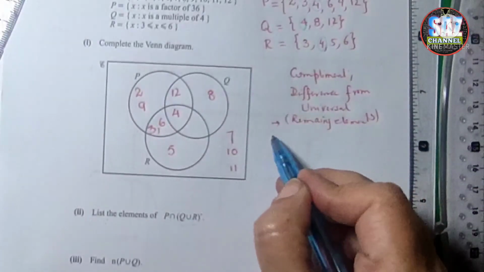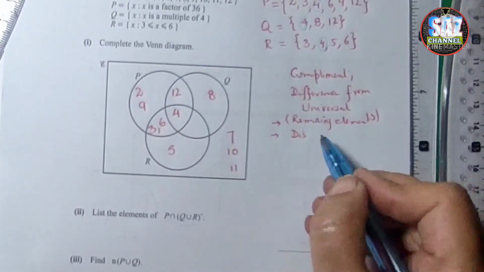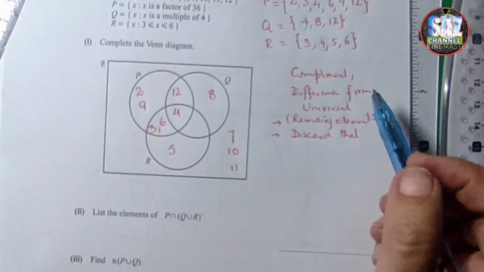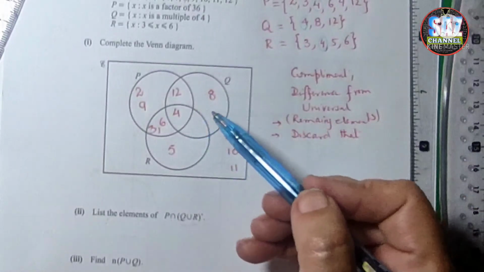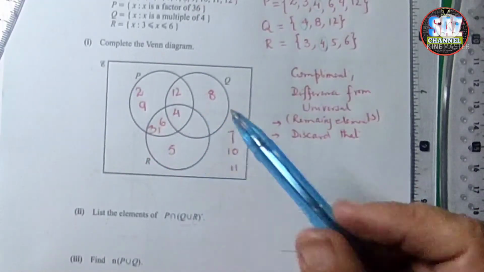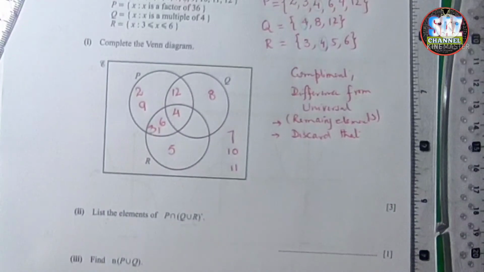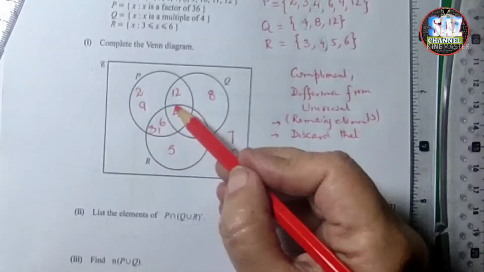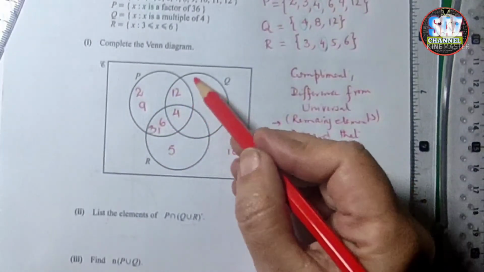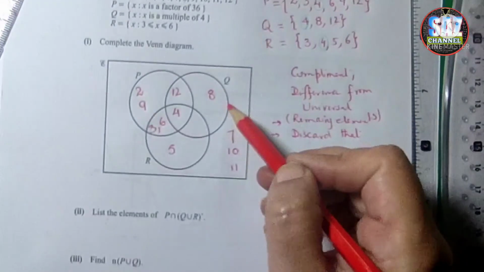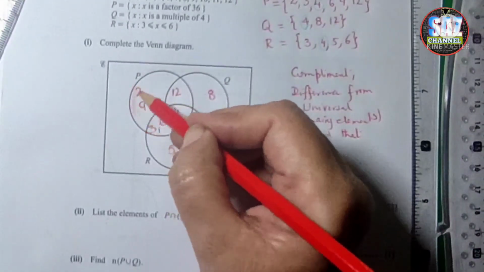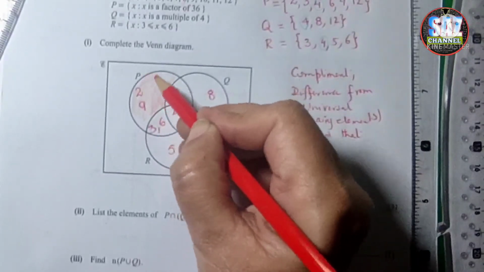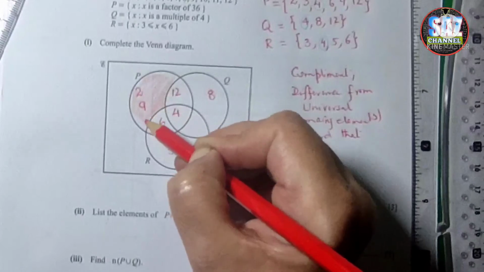It's up to you how you keep the things in your mind during the exam. It means Q and R both we have to exclude. If I'm excluding this portion, this portion, this portion, and again this and this, I will be left with only P. This is the place for P intersection Q union R complement.